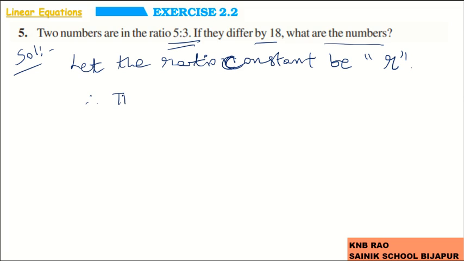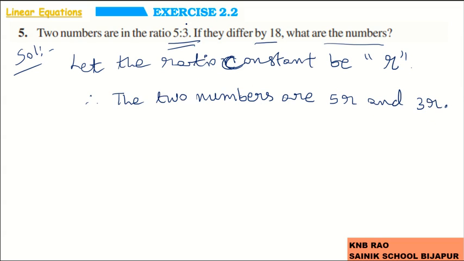Therefore, the two numbers are 5r and 3r. So 5 into r gives you one number, 3 into r gives you another number. Now their difference is simple, subtraction operation is done. So 5r minus 3r equals 18, where their difference is 2r equals 18.